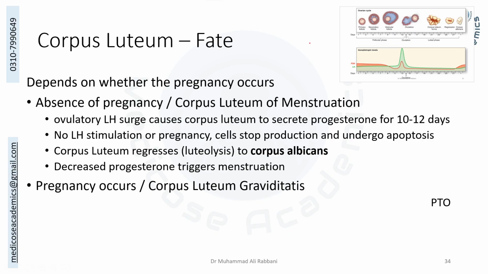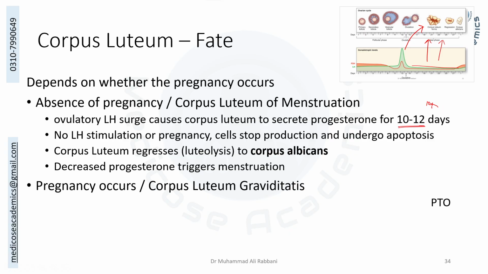So if the pregnancy does not occur, there is no fertilization, what happens is that after ovulation, this LH surge not only helps the ovum to finalize its structure, but it also helps the conversion into corpus luteum, where the cells become steroid producing cells and they become yellow and swollen up and all that. So as long as this LH surge is maintained, this maintains this corpus luteum. That occurs usually for 10 to 12 days, sometimes 14 days.